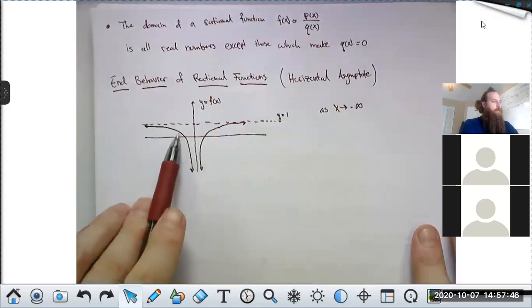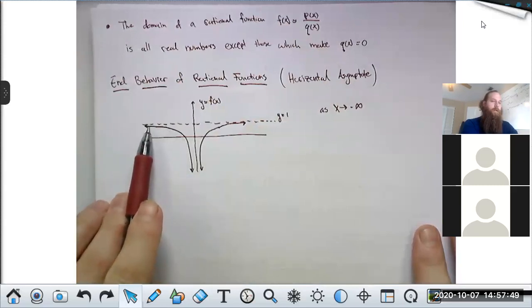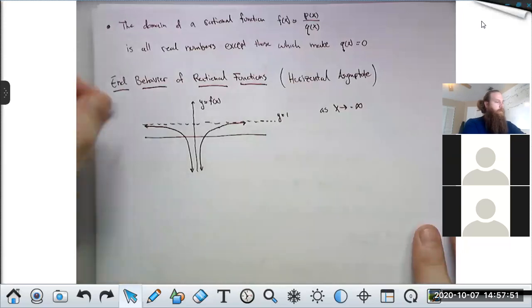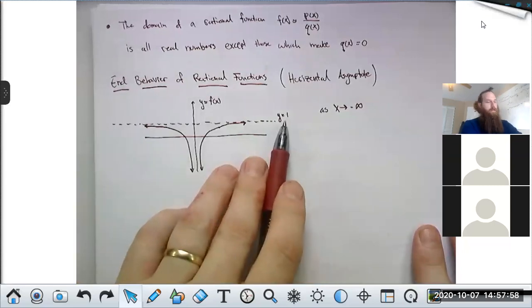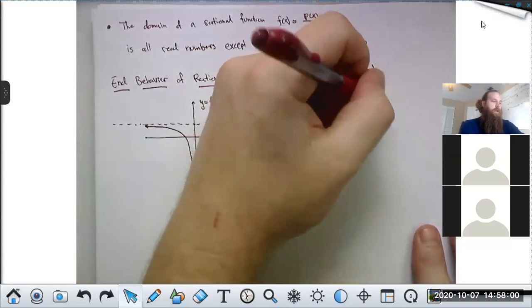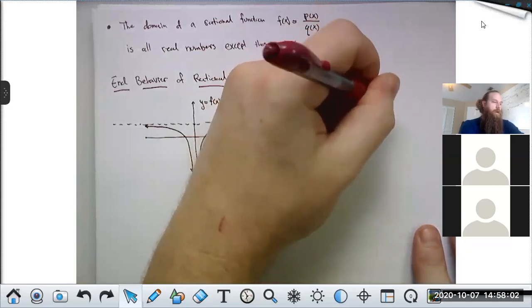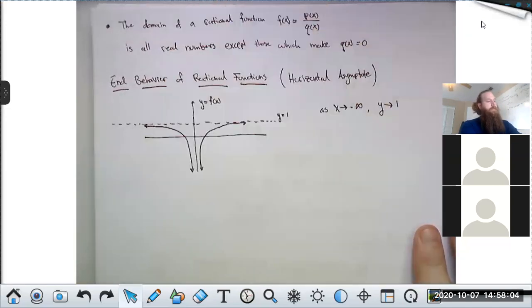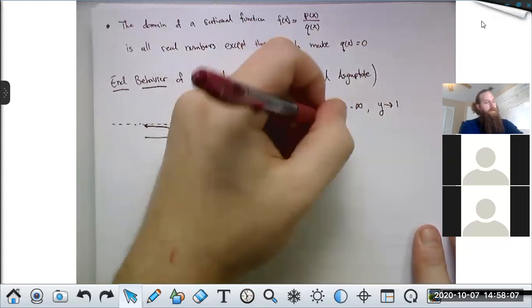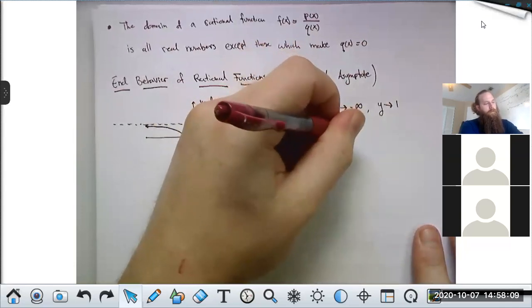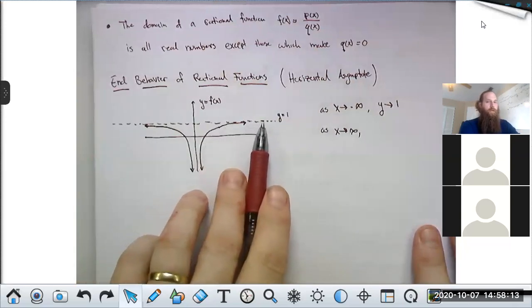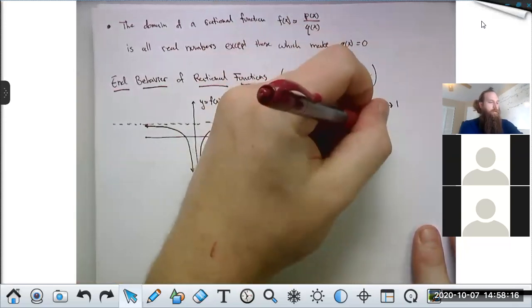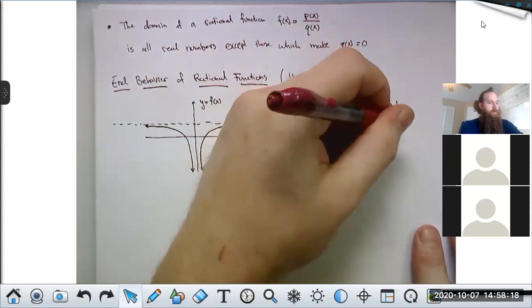If I let x wander really far off to the left, then my y values are getting closer and closer to this horizontal line, y equals 1. So as x goes to negative infinity, y goes to 1. And as x goes to positive infinity, y also goes to 1, because as we wander really far out this way, the y values are getting closer and closer to that line.